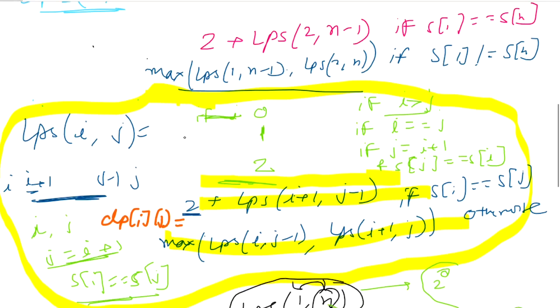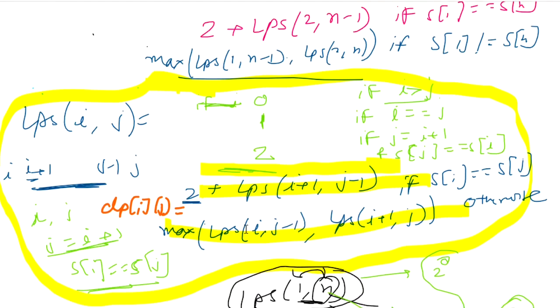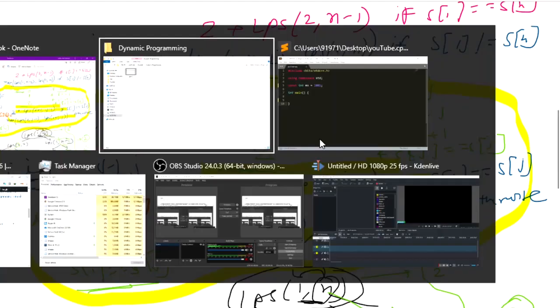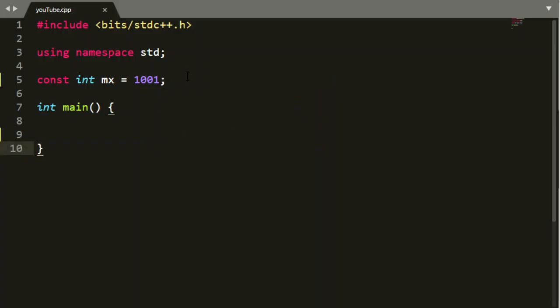Now we have to write code for this algorithm, so we'll open Sublime Text. I've already defined the maximum size of the string, that is 1001.